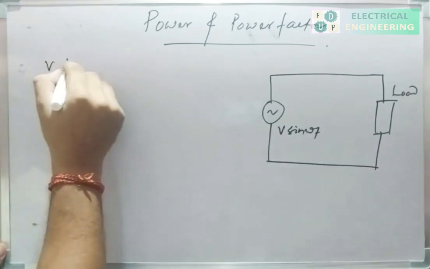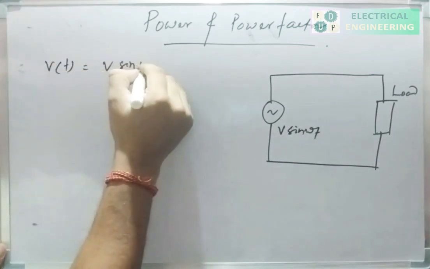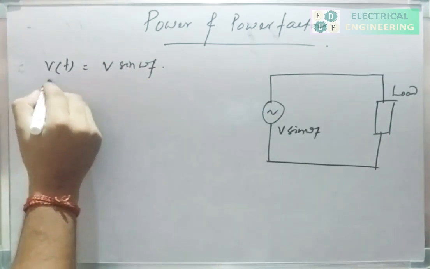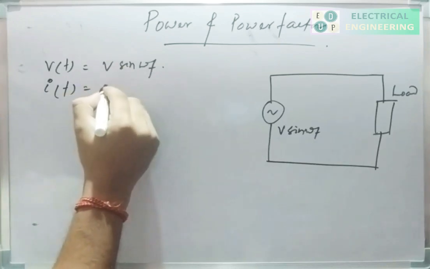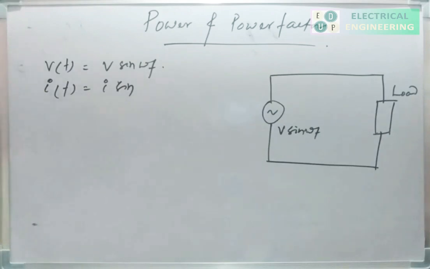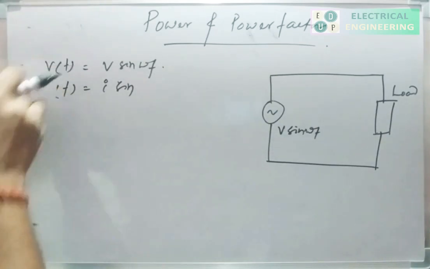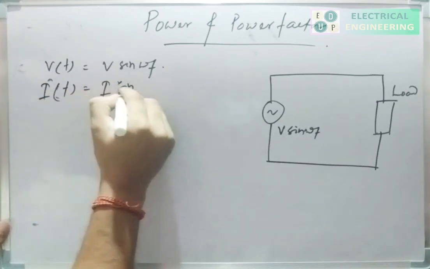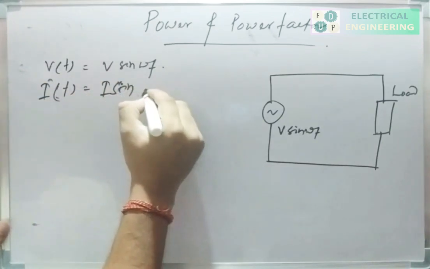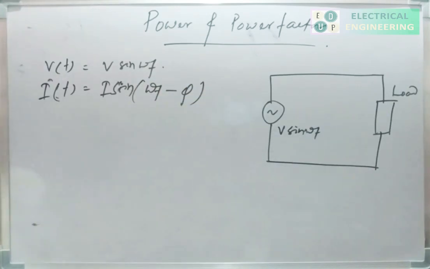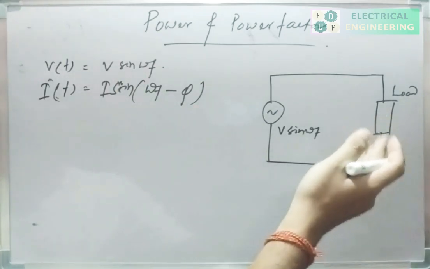So let V of t equal V sin omega t, and current I of t equal I sin(omega t minus phi), because the current will have some phase difference with the voltage since we don't know about the load.